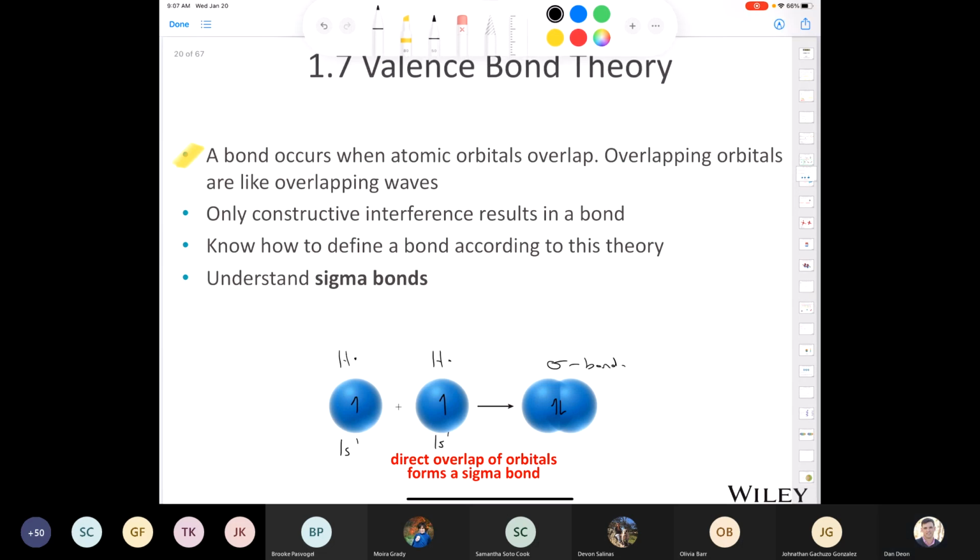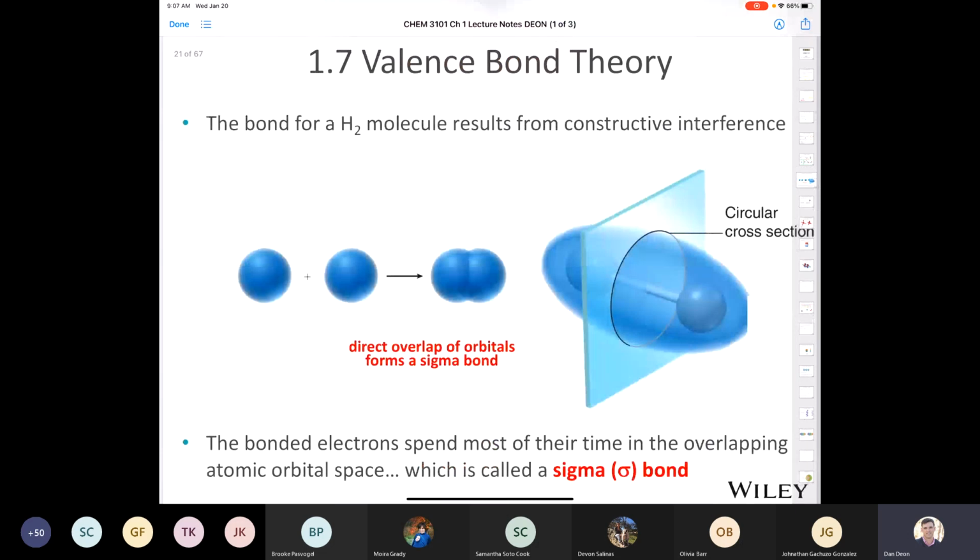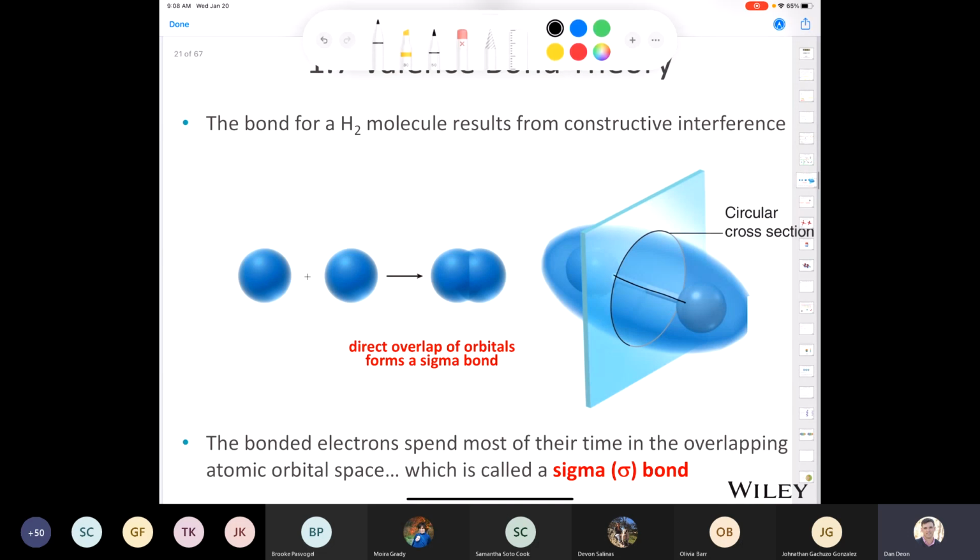The bond in the hydrogen molecule, which is the simplest possible molecule that you can have in the universe, results from constructive interference between those 2 1s orbitals. If you take a circular cross section, a perpendicular view of the bond between the 2 elements, you see that it's a circle. It's circular, and that means that it's a sigma bond. A pi bond doesn't look like a circle when you do a cross section.